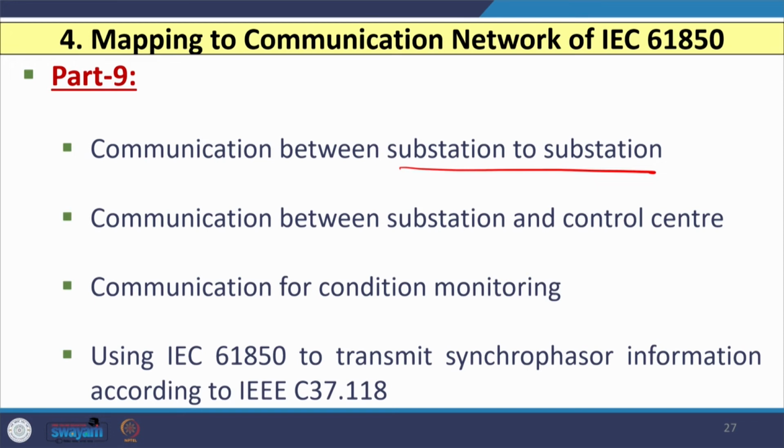They have also mentioned how the communication between substation and control center is to be carried out, how the communication in case of condition monitoring is to be carried out, and using IEC 61850 to transmit the synchrophasor information as per the IEEE C37.118 standard.